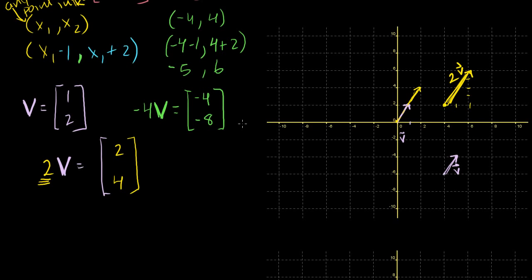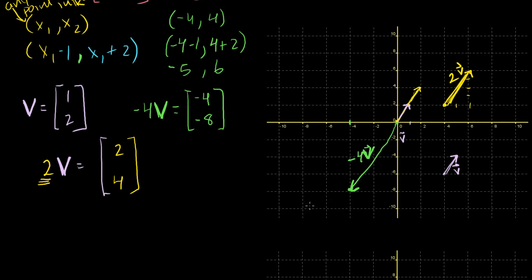So let's just start at some arbitrary point. Well, let's just do it in standard position. So you go to the left 4, 1, 2, 3, 4, and then down 8. It'll look like that. I want to make sure I can draw a relatively straight line. There you go. So this is minus 4 times our vector v.